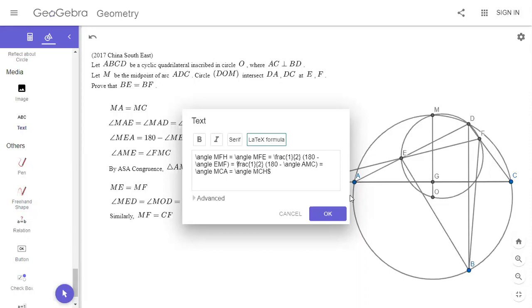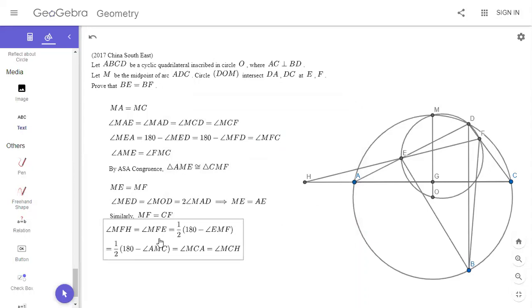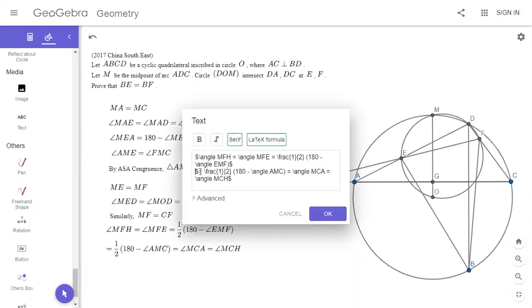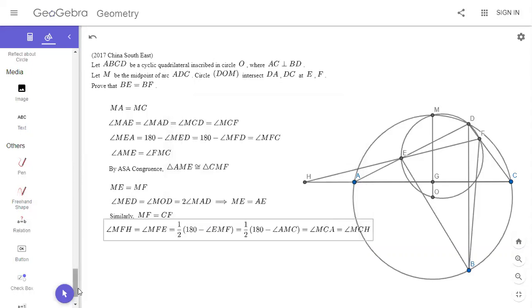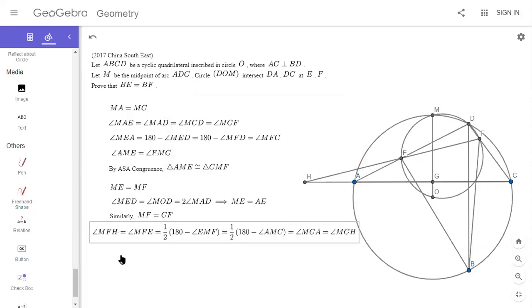Okay, let me split this into two lines. It's probably not going to fit on one line. Okay, like that. Maybe it would fit on one line. Let me check. Ah, that fits on one line. Okay. So MFHC is cyclic.